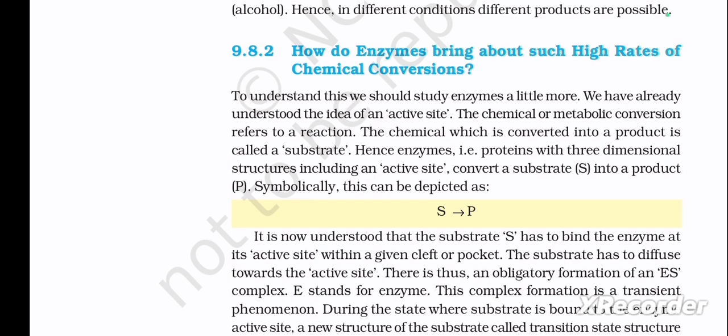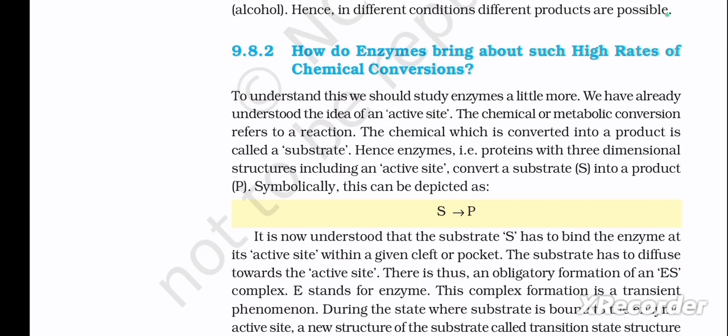The chemical which is converted into a product is called a substrate. Hence, enzymes, that is proteins with three-dimensional structures including an active site, convert a substrate S into a product P. This can be depicted symbolically as S gives rise to P.